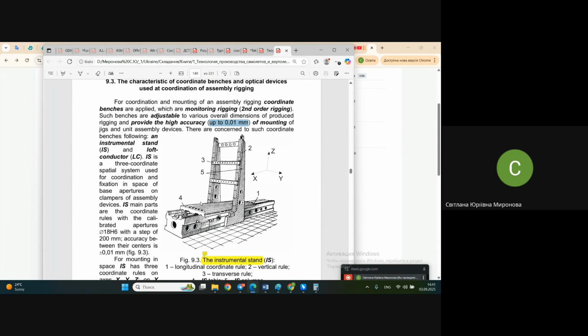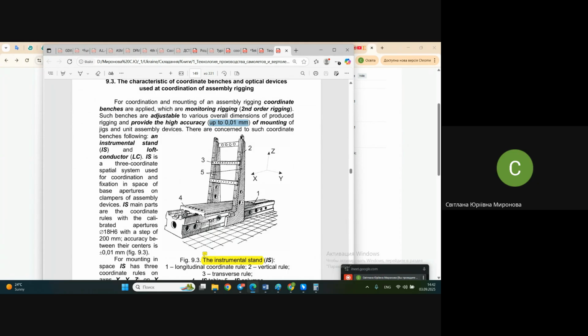What are divisions? Holes, not scratches on the ruler like we get used to, but holes. And between these divisions, accuracy is plus minus 1/100 of millimeter, but results of measurement of manufacturing by these rulers are plus minus 1/10 of millimeter.